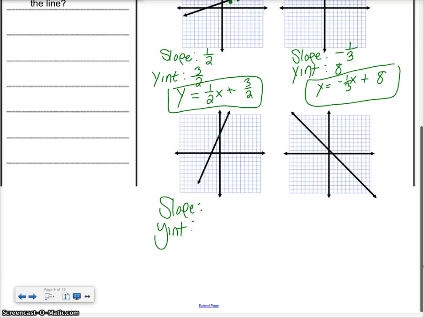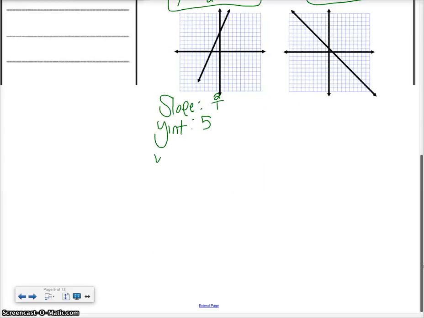So up 2 over 1 is my slope, 2 over 1. And my y-intercept, 1, 2, 3, 4, 5. Did you guys get 5 too? It's hard to see. My y-intercept is 5. I cross the line when y is 5.